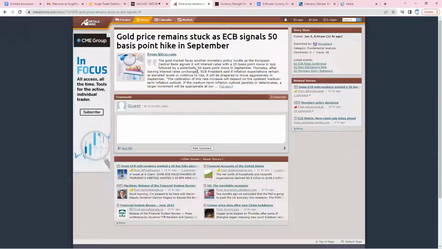So they're leaving it unchanged right now, but then they're telling us in July they're about to do all this wild stuff, man. It's going to change our whole existence. 25 and 50. It will be prepared to move aggressively in September. The calibration of this rate increase will depend on the updated midterm inflation outlook. Man, they're about to do some big things right now.